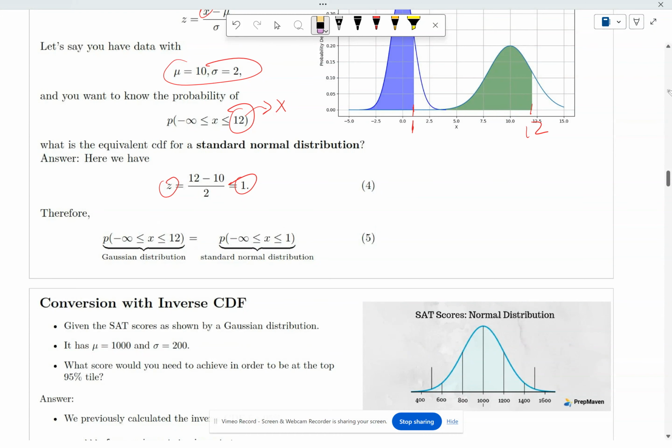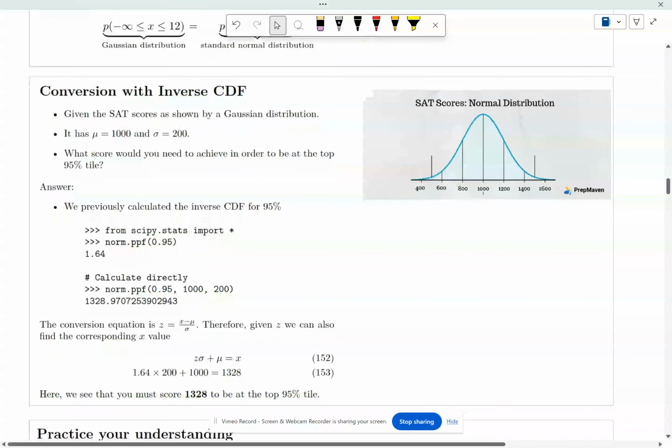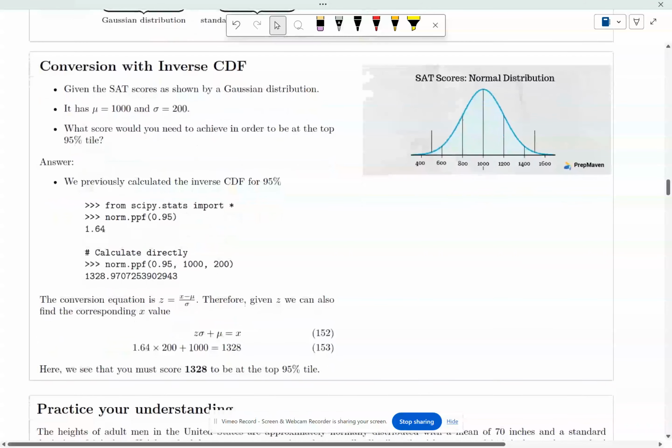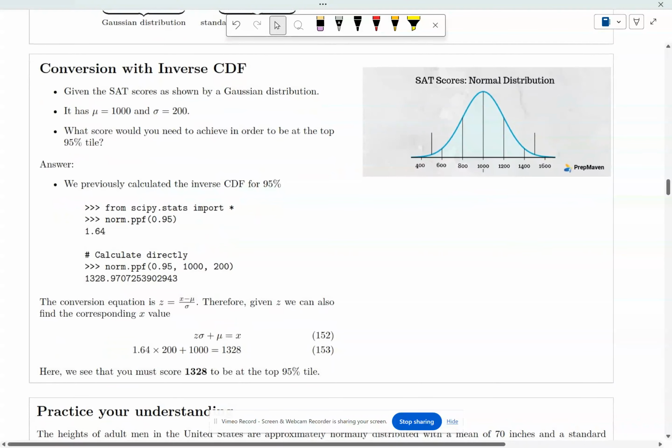Now let's also look at an example for SAT scores. Given an SAT score shown by the Gaussian distribution, it has a mean of 1,000, so on average people got 1,000, and a standard deviation of 200. What score would you need to achieve in order to be in the top 95th percentile?